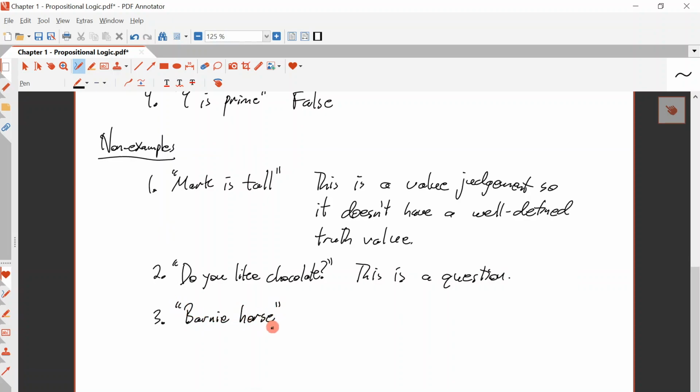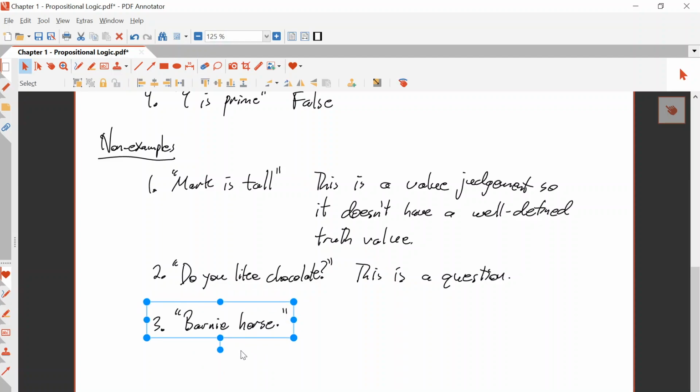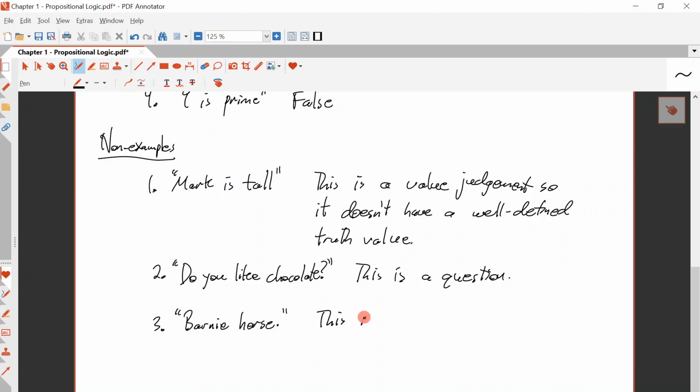What's wrong with this? Why is this not a proposition? Why is this not a statement? What's one of the qualifications that a statement or a proposition is supposed to have? It's a sentence. This is not a sentence. It has no verb. A proposition is always a sentence.